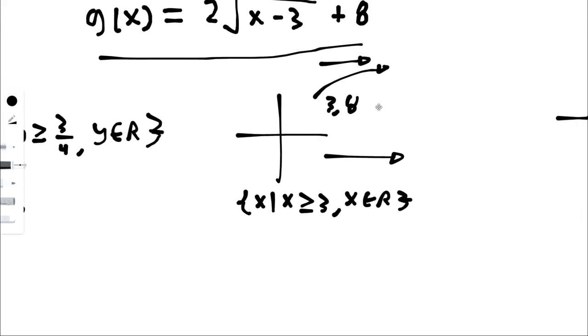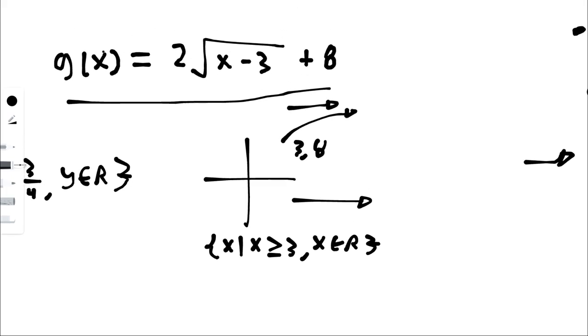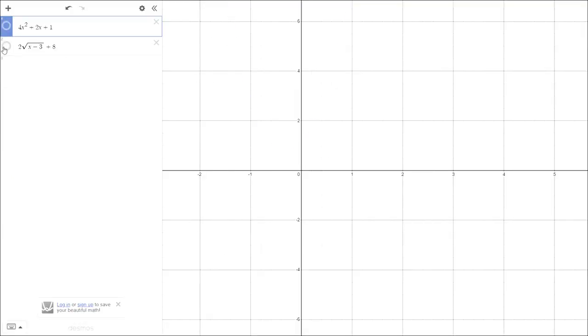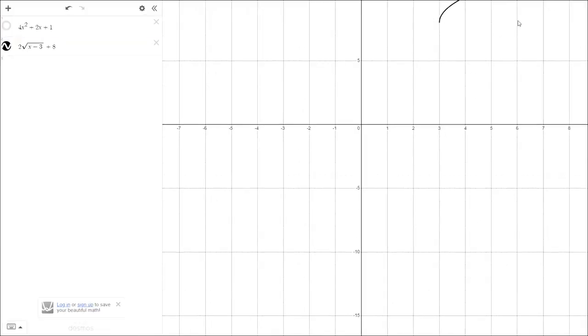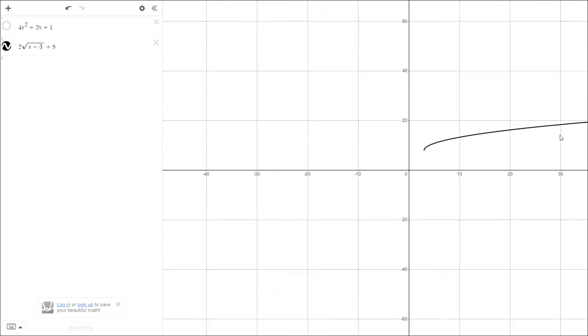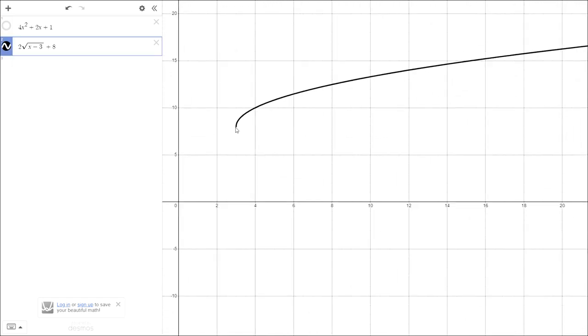And then for y, although it may not look like it, y actually also goes up to positive infinity, right? It doesn't really look like it because when x increases more and more, y only increases by a little bit, but it technically goes up to infinity. If we look over here at what this one will look like, we can see it technically will go up to infinity even though it doesn't look like it. And then again, we can just look up here for proof.